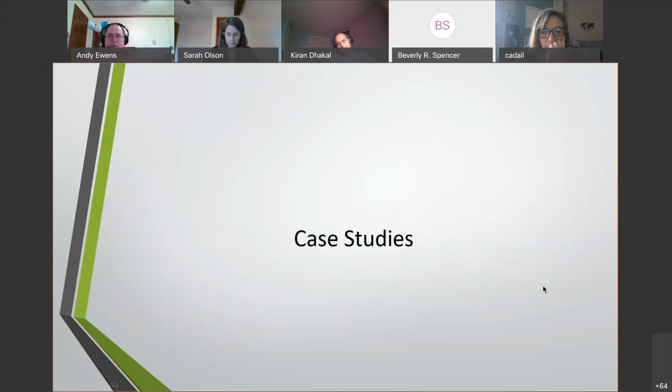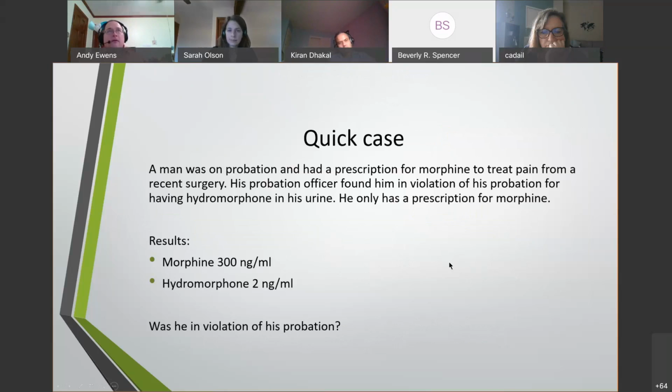We've got a few more minutes left, so I think we can do a couple cases here. So here we have a man on probation. He had a prescription for morphine used to treat pain for recent surgery. But his probation officer found him in violation of his probation for having found hydromorphone in his urine, and he was only prescribed morphine.